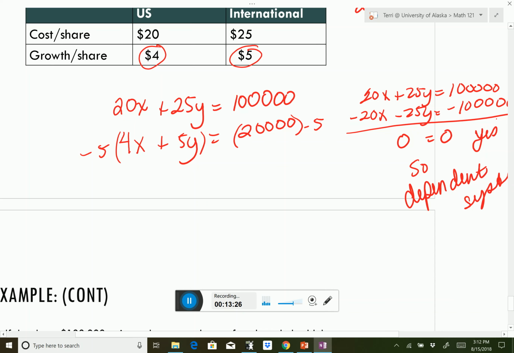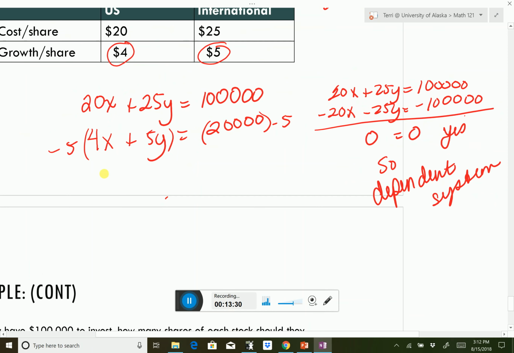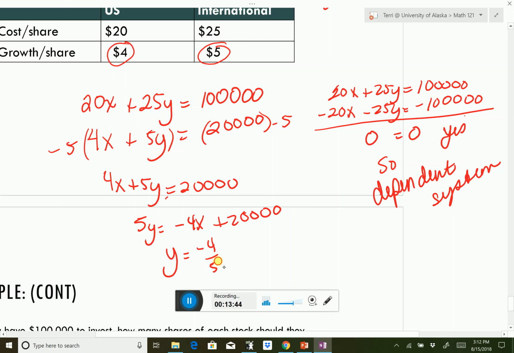So what we're saying, and we can actually look at it from the simpler one, which is 4x plus 5y is 20,000. So 5y is -4x plus 20,000. So y is -4/5 x plus 4,000.